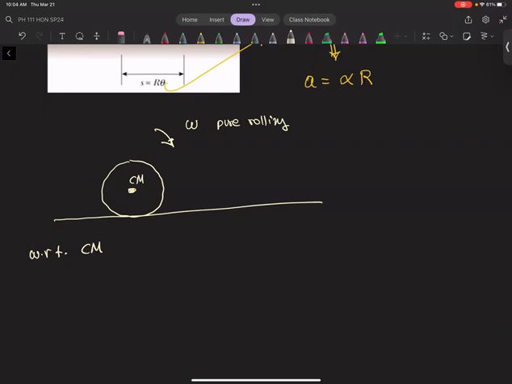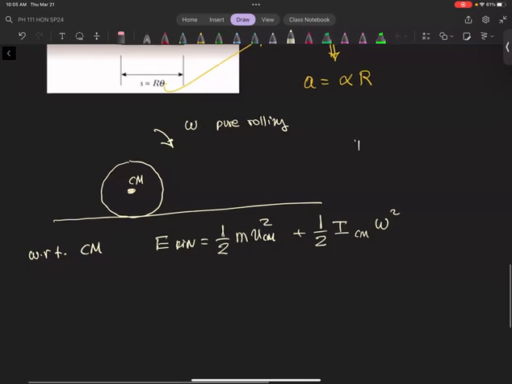So somebody would say that my kinetic energy will be 1/2 mass times the linear speed squared. Again, when we talk about linear speed, we mean the center of mass, plus 1/2 the moment of inertia about the center of mass times omega squared. Are we clear on this? Are we? Let's put it together.